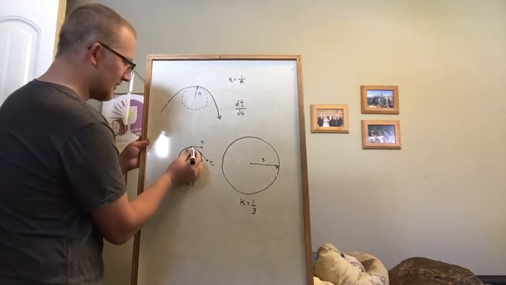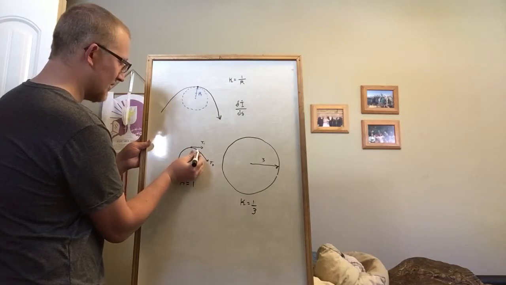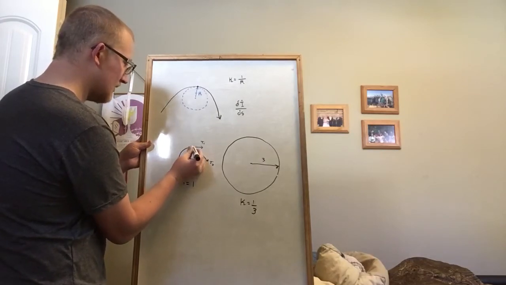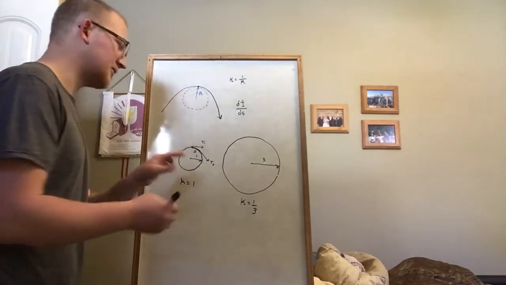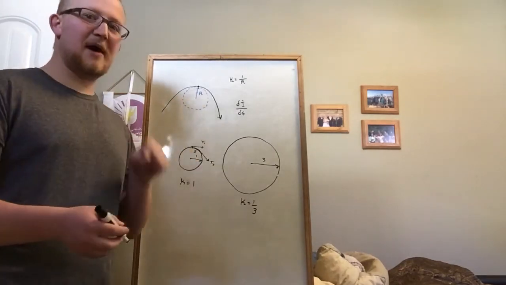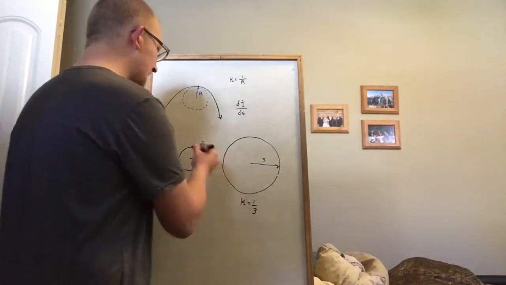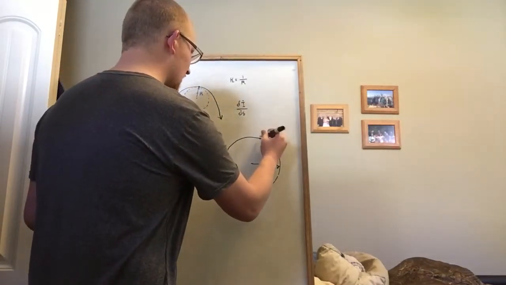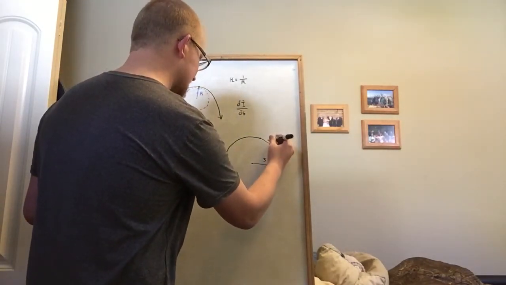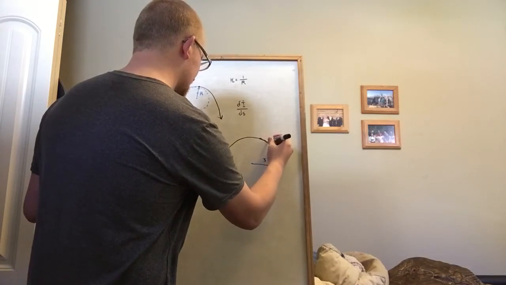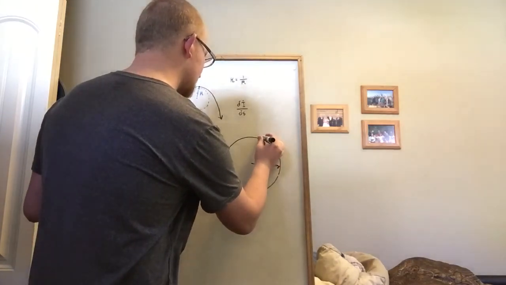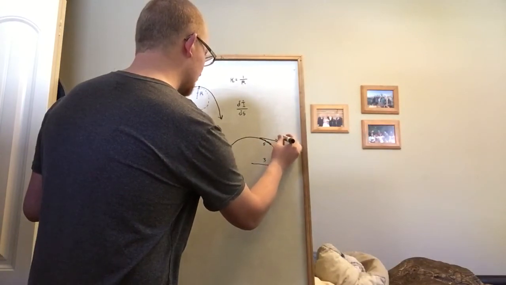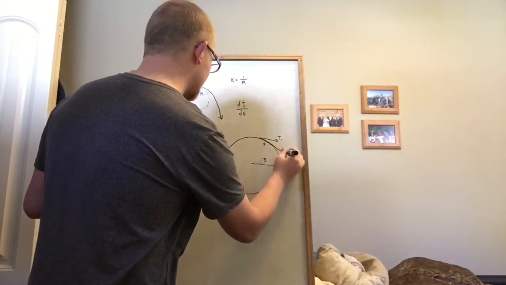Between them there is some amount of arc length that I'm going to call S. Now let's draw the same distance S over on this bigger circle. So we still have length S between our two tangent vectors, T1 and T2.